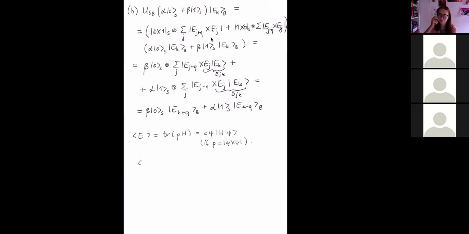Okay, so now let us calculate the value of the energy in the beginning. If we look at the expectation value of energy of the system S in the beginning, it was initially in the state alpha |0> plus beta |1>. Then the Hamiltonian of the system is local, so we can just write the part which corresponds to the system S, which is epsilon |1><1|. And then we just write again alpha |0> plus beta |1>.